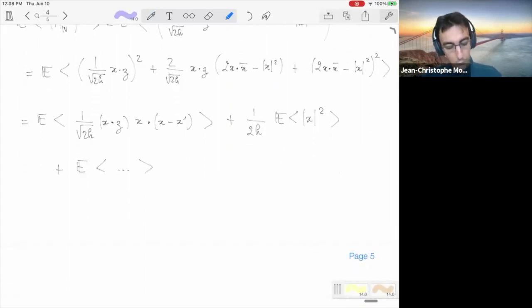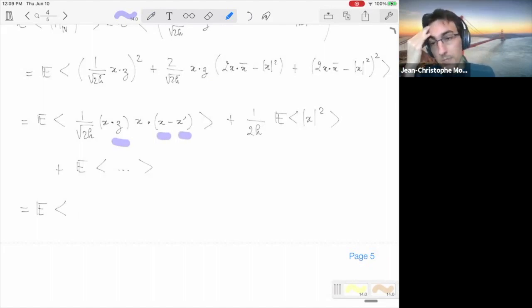Now I'm going to do one more Gaussian integration by parts to get rid of the z's in this last term. Now the function that's dotted against z involves two copies, x and x prime.